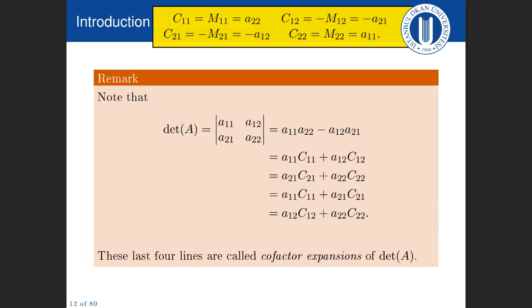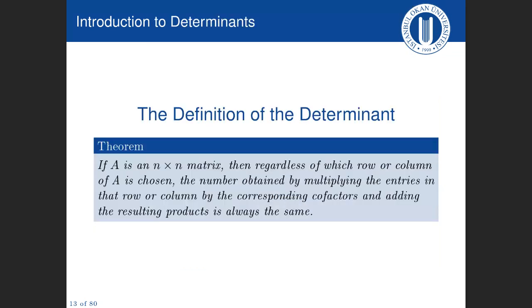The last four lines in this calculation are called cofactor expansions of the determinant of A. And in fact, this is true for any size, not just for 2 by 2 matrices. If A is any square n by n matrix, then regardless of which row or column of A we choose, the number we get by multiplying entry cofactor plus entry cofactor plus entry cofactor, whichever row, whichever column we choose, we always get the same number.